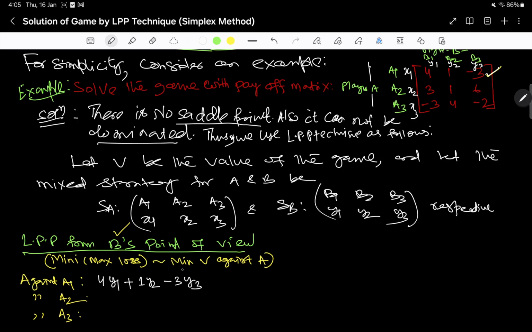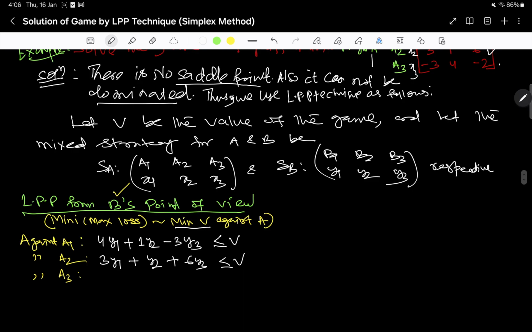Since it is minimize V, it cannot go beyond V, so it is less than or equal to V. And from the second row, against A2, it is 3y1 plus y2 plus 6y3 is less than or equal to V. And from the third row it is minus 3y1 plus 4y2 minus 2y3 is less than or equal to V. And the sum of the probabilities, y1 plus y2 plus y3, is equal to 1, right? So this is from B's point of view.